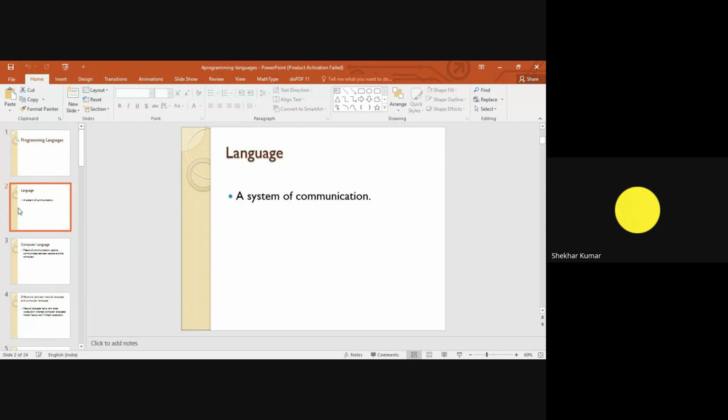So language is designed to describe a set of instructions or computations. A computer or a system is operated by a given set of rules or instructions. You provide some instructions to perform a specific task.